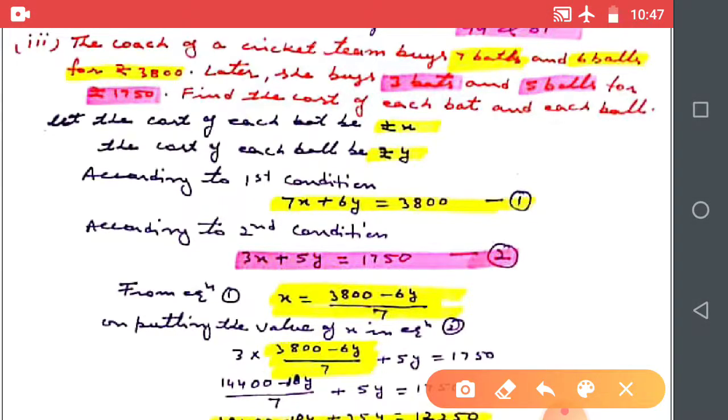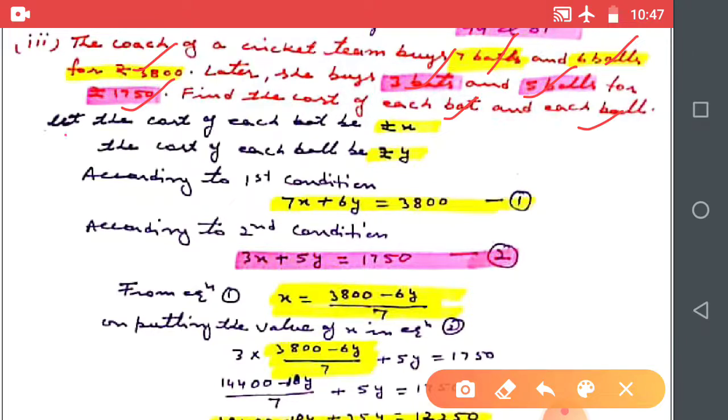Okay, the coach of a cricket team buys 7 bats and 6 balls for 3800 rupees. Later she buys 3 bats and 5 balls for 1750 rupees. Find the cost of each bat and each ball, right?